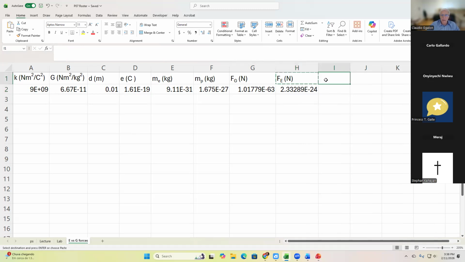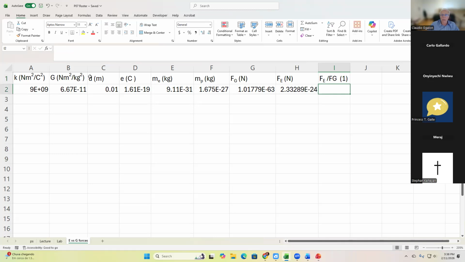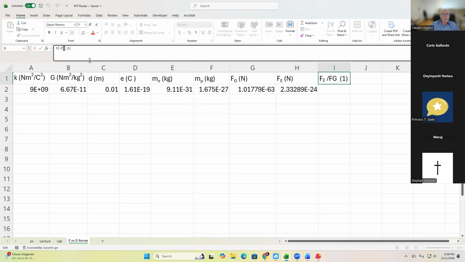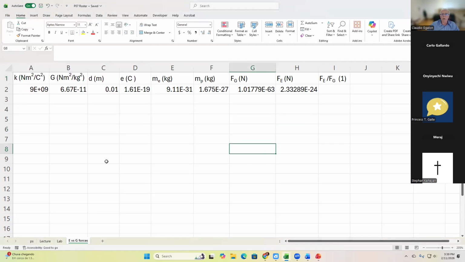And here we go. Ratio F electric divided by FG. There is no unit, right? When there is no unit, I write down the number one in between parentheses. That's what the number one is all about, to state that the parameter that I'm calculating has no unit whatsoever.